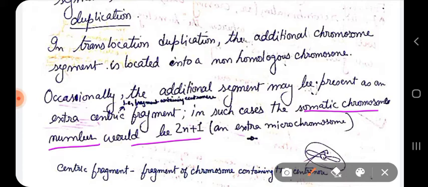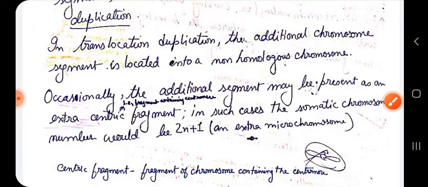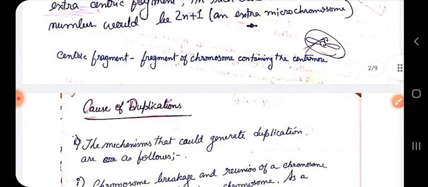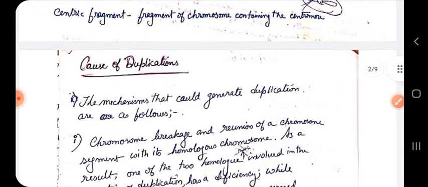So that additional segment, if it contains a centromere, that is, if it is a centric fragment, then you can regard it as an extra chromosome. That duplicate segment can be regarded as an extra micro chromosome, because it has a centromere, so we can make it an extra chromosome also.